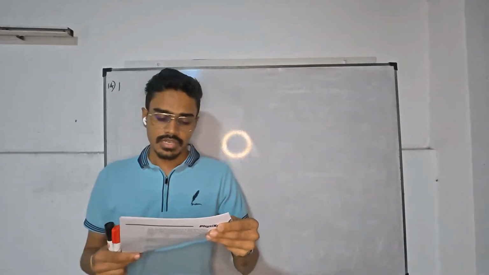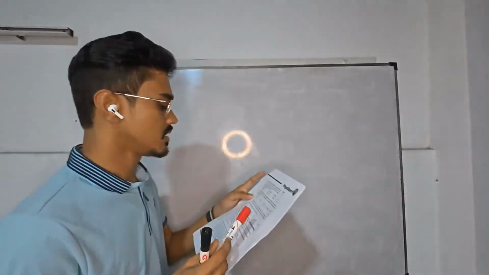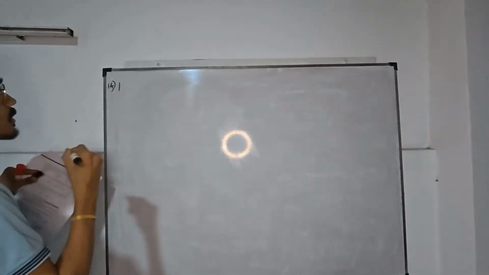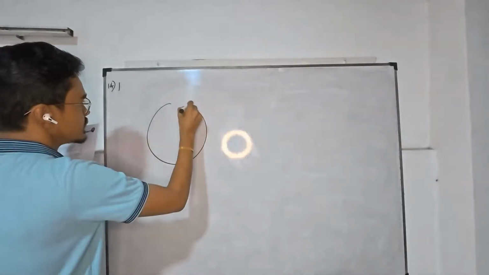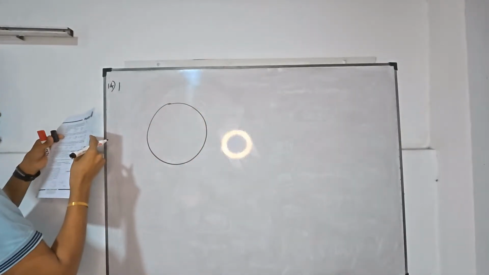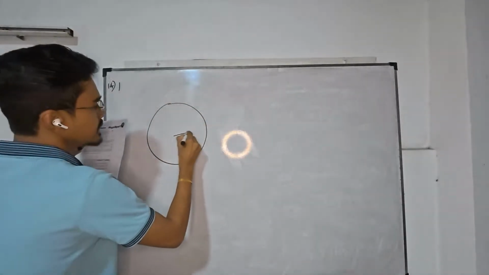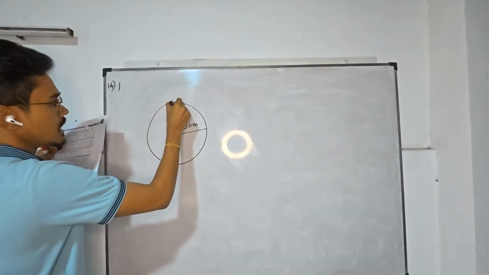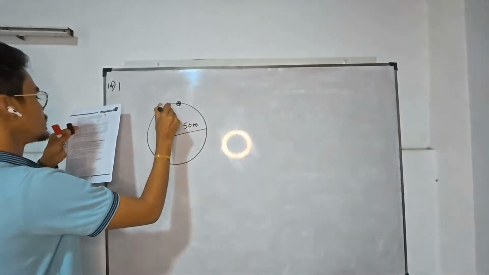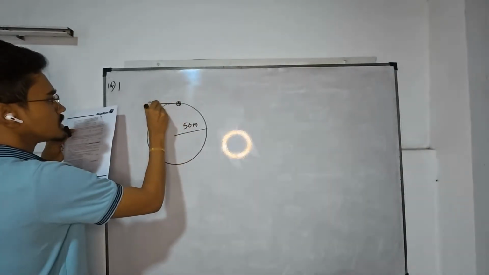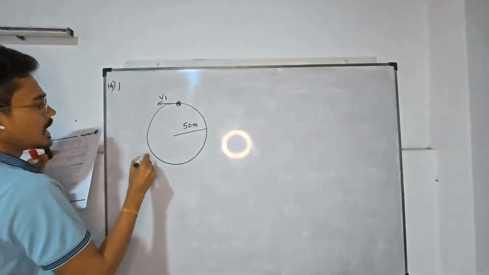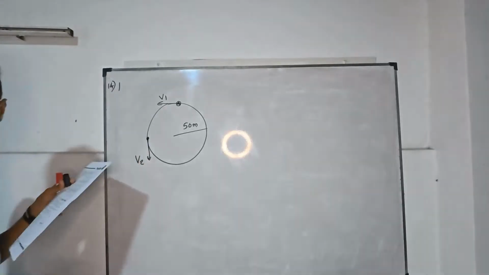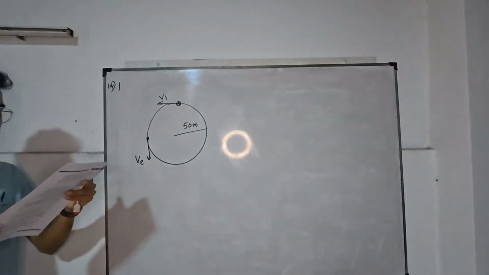Okay, another good calculation. Look here. We have two athletes on a track of radius 50 meters. One athlete runs with speed V1 and the other with speed V2.